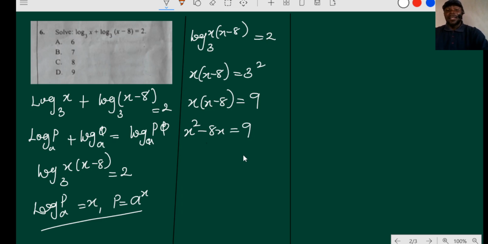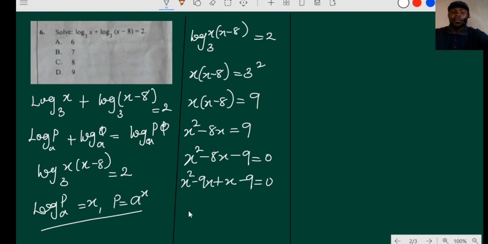You are able to see that it has now formed a quadratic form. So we have x squared minus 8x minus 9 is equal to 0. We need two numbers that add up to give minus 8 and multiply to give minus 9. Let's write x squared minus 9x plus x; when you add these, they give minus 8x, and when you multiply minus 9 and 1, it gives minus 9.